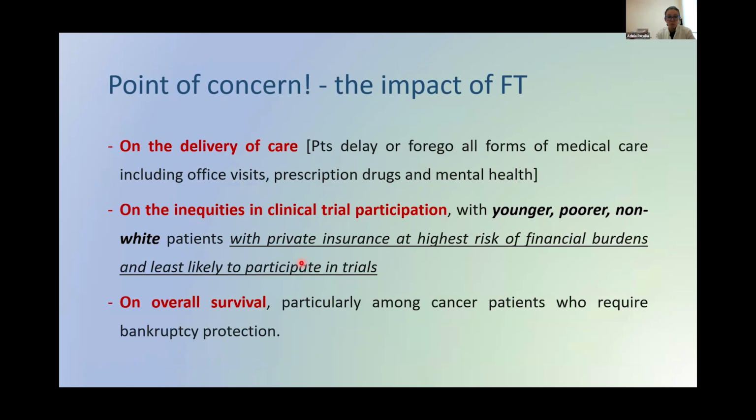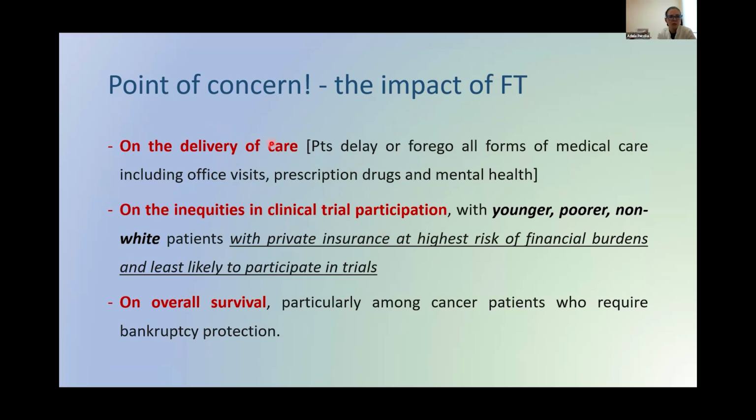We have to keep in mind one point of concern about the impact of financial toxicity. Patients often delay or forgo all forms of medical care, including, for example, office visits, prescription of the drugs, and mental health. So the financial toxicity impacts the delivery of care. Also it can impact the inequity in clinical trial participation, because patients who are younger, poorer, non-white may not have good insurance or may not be able to participate in these clinical trials.